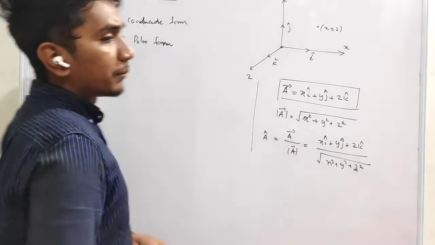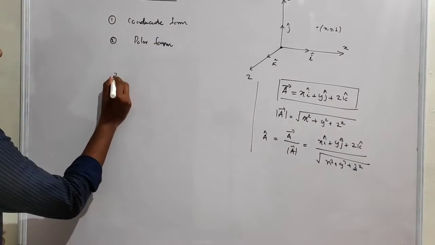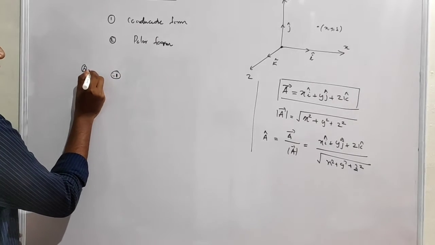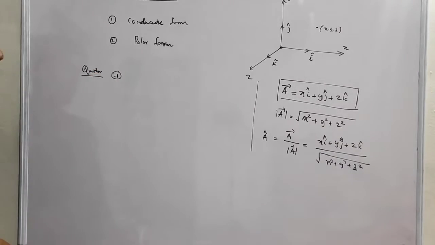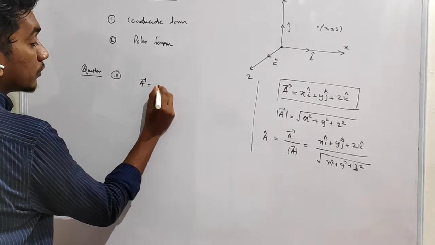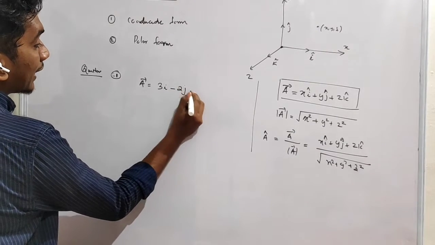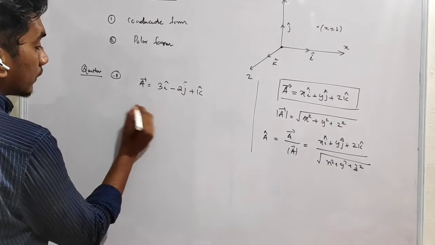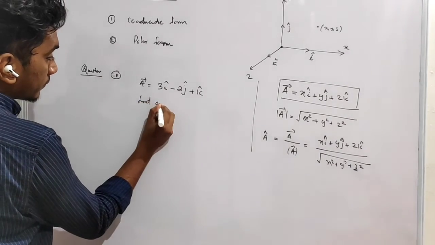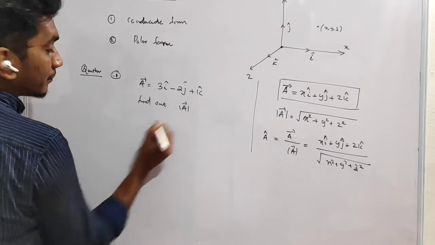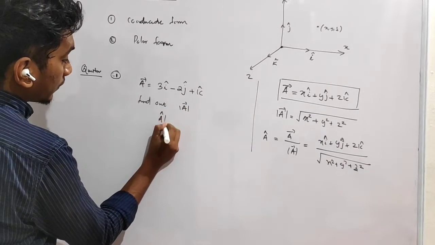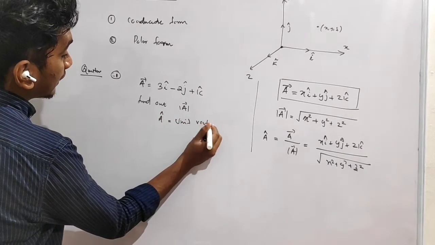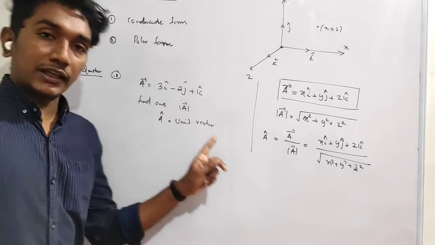I think you got the idea about coordinate form, and solve 2-3 problems, then you will get it. So question number 1. Vector A is equal to 3i minus 2j plus k. Find out modulus of vector A, and then what is A cap, that is the unit vector in the direction of A. Both the things you have to find out here.